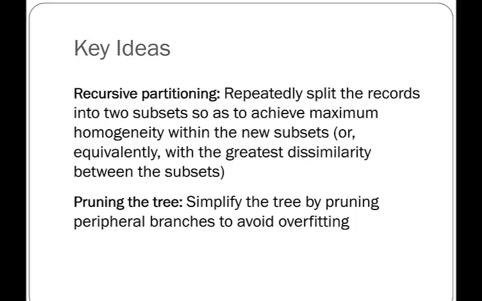A full-grown tree is used so that all of the nodes are in agreement as much as possible, and then the tree branches are cut off to make the structure more simple. We do this to avoid overfitting, and we'll talk more about that a little bit later.